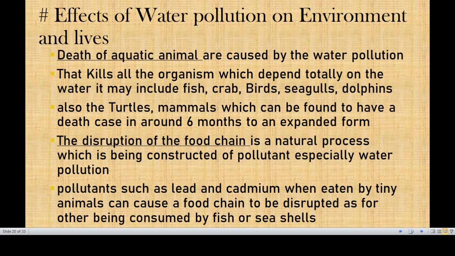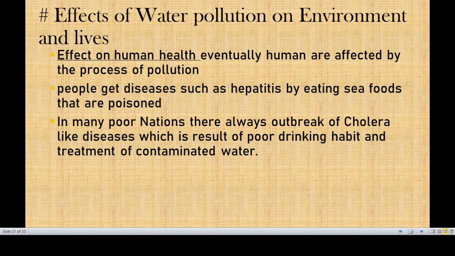Because of this consumption process, as we have seen in the food chain, the fish will consume the sea algae, and if the sea algae has deposits of lead and cadmium, it will directly pass into the small fish, then into the larger fish, then maybe into a human or any other organism which depends upon this larger fish for food. So this will pass on. That means there is a disruption of the food chain taking place naturally.